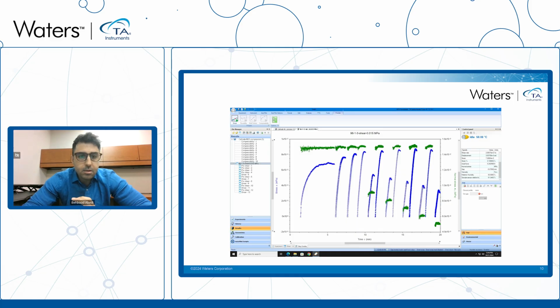You see here, these green ones are the normal stress, the blue ones are the measured shear stress. For the reducing normal stress, before each step we have the same consolidation stress because we want the same initial conditions.